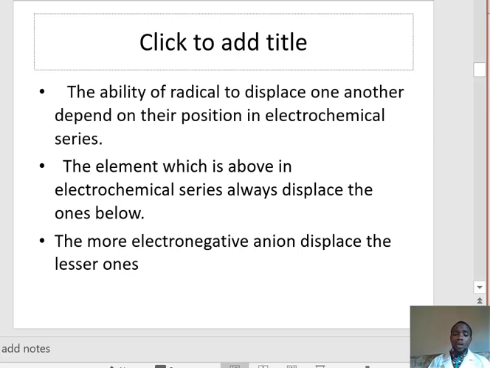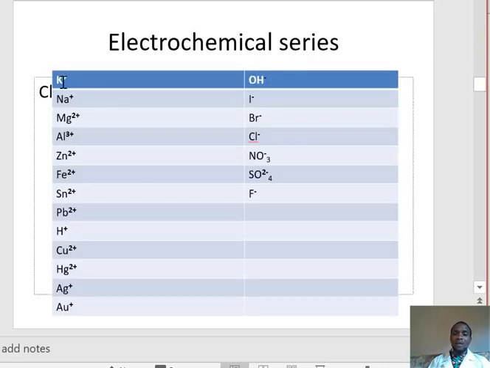When you look at the electrochemical series, we have it from potassium, sodium, magnesium, and the rest, as you can see here. The higher electropositive are up, while the lower electropositive are down. In the electronegative aspect, the lower electronegative are up, the higher electronegative are down, meaning electronegativity increases down this table, while electropositivity increases up the table.